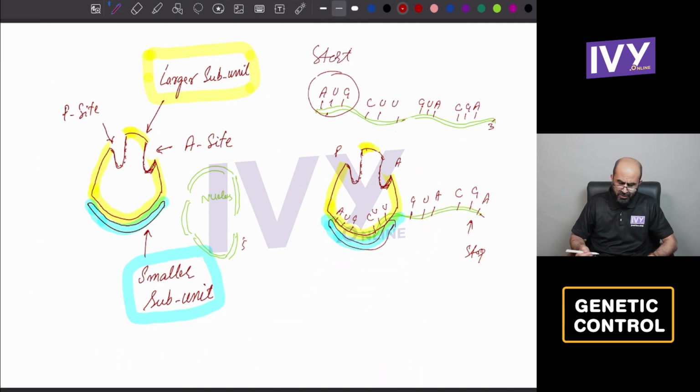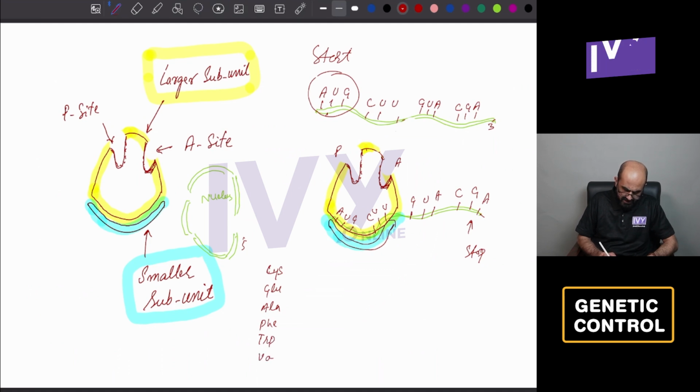Now here we have different amino acid molecules in the cytoplasm. We have the amino acids cysteine, glutamic acid, alanine, phenylalanine, tryptophan, and so on. We can also see valine and so on. All of these have specific codes.